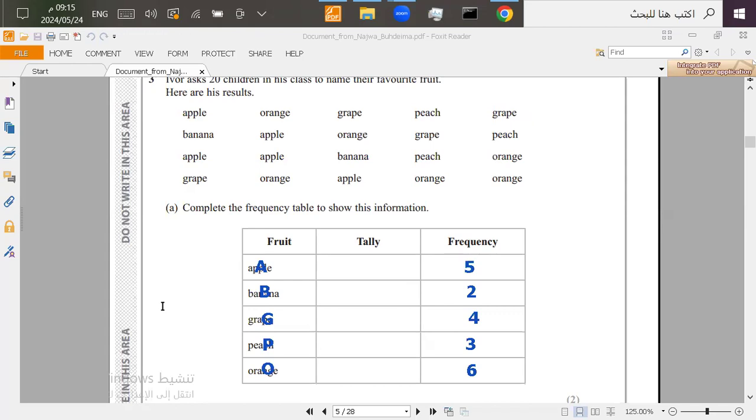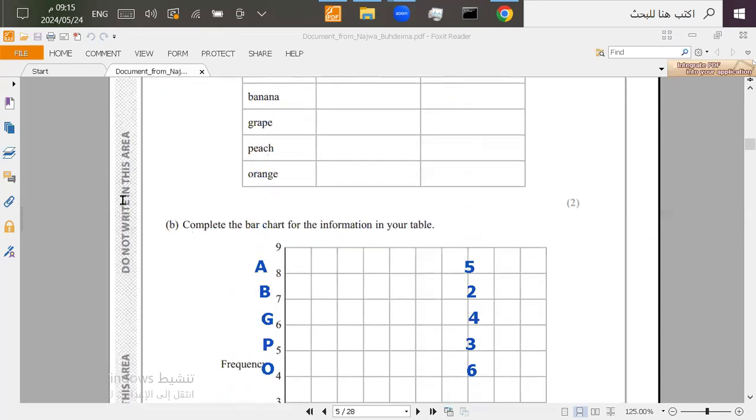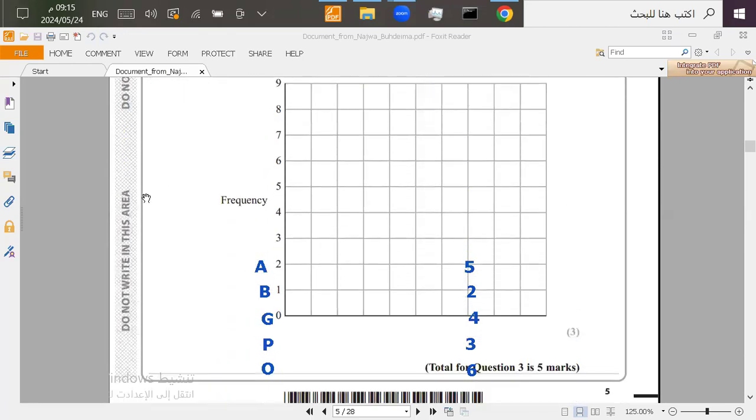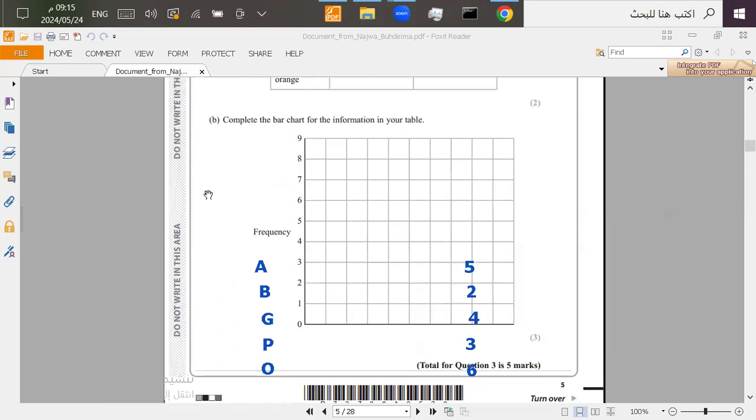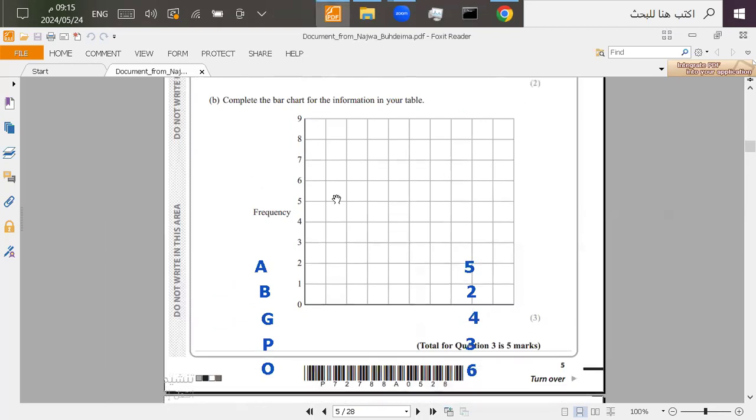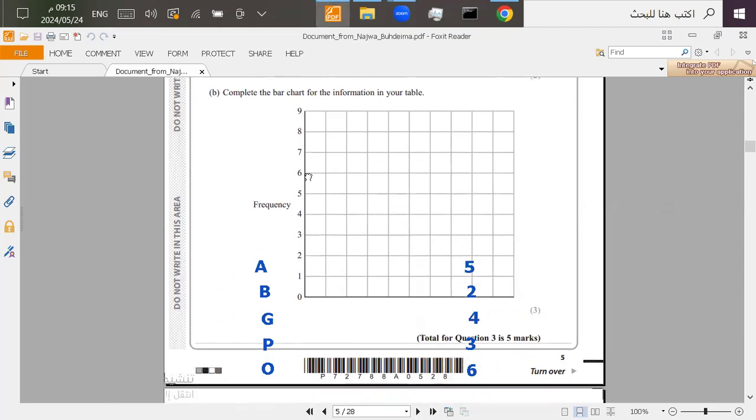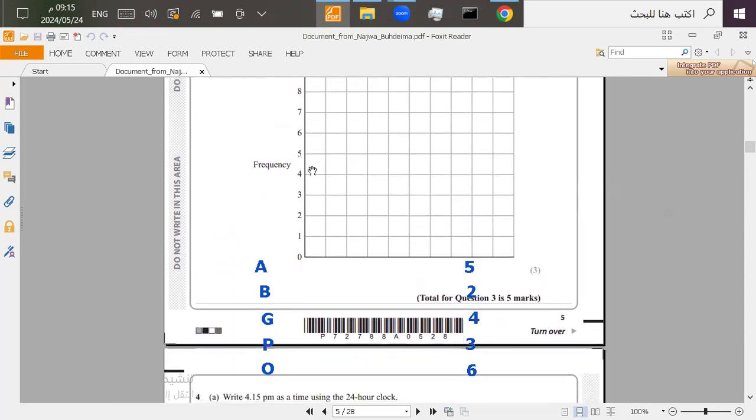Now I know the numbers and I know the letters, so I'm gonna go down to the information and put the information on the frequency. I'm gonna do a bar chart. Yeah, bar chart. So here, let's put it here. So we have apples, bananas. Let's put them like this. So these are the apples. Let's put the apple here.